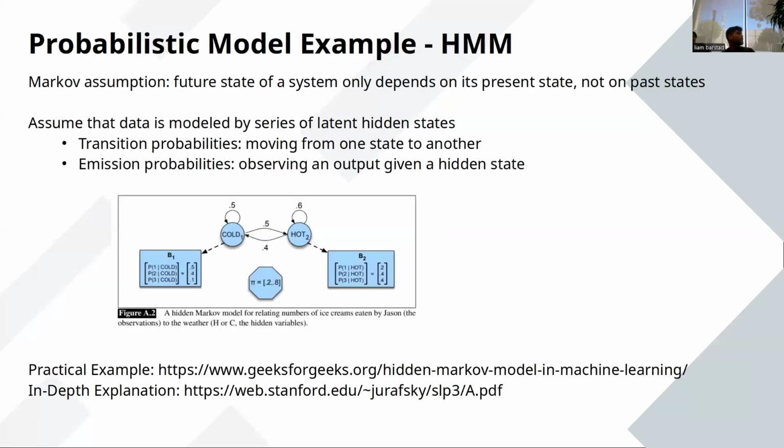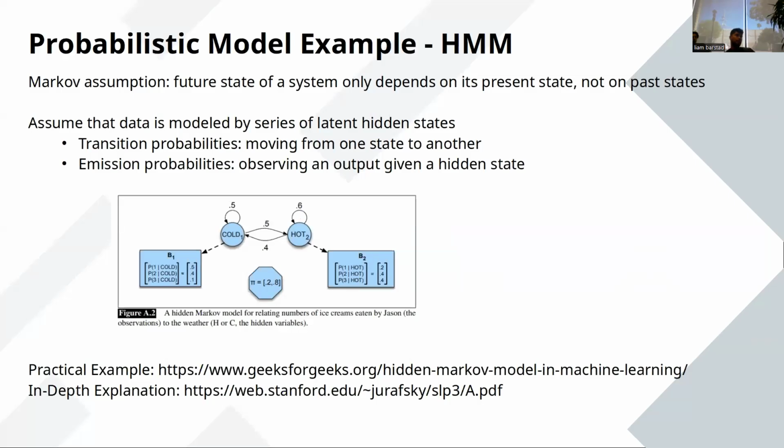Okay, so I want to give an example of a probabilistic model, an HMM. I'm doing this because I think someone mentioned this in one of the last meetings, and just to put this in perspective, we did mention latent variables.